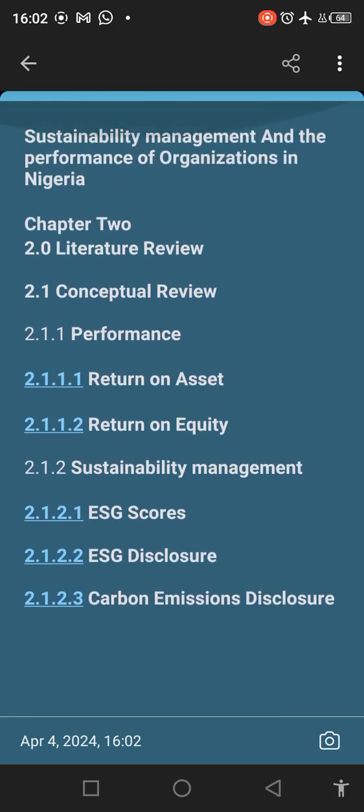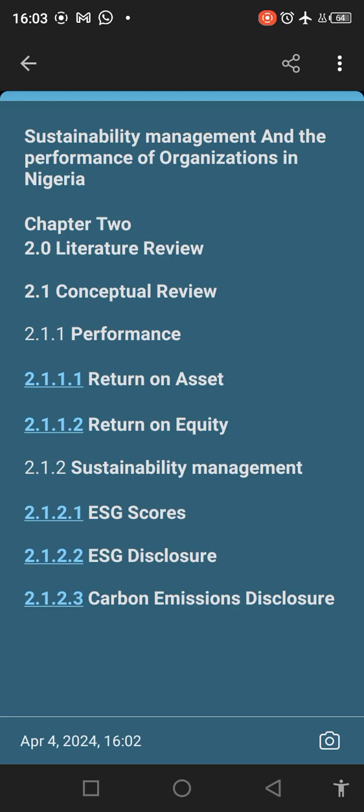So this is the pattern my discussion under my conceptual review is going to look like. And if I have more than 3 variables of measurements for my independent variable, that is how it will continue. And then the pattern will follow. I will keep naming it and the pattern will follow. And I will continue discussing like that.